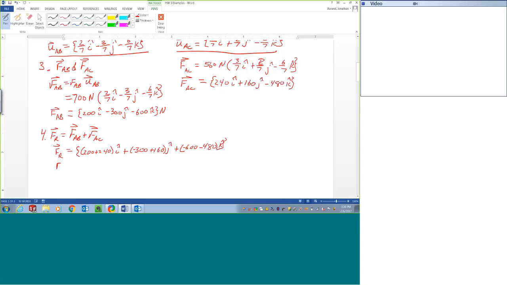Do the arithmetic: 440 i minus 140 j minus 1080 k. And I lost my newtons along the way. There we go. Perfect. So that's our FR.